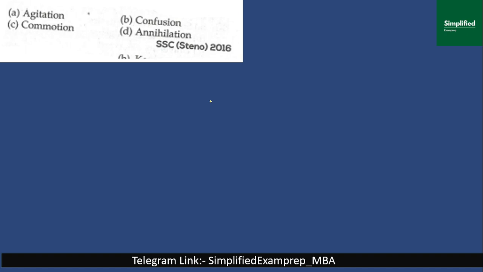Now see the question here: agitation, confusion, commotion, and annihilation. Let's see here. A, C, and D go together, and here is B. For agitation, commotion, and annihilation, we need a group, but even an individual can be confused.